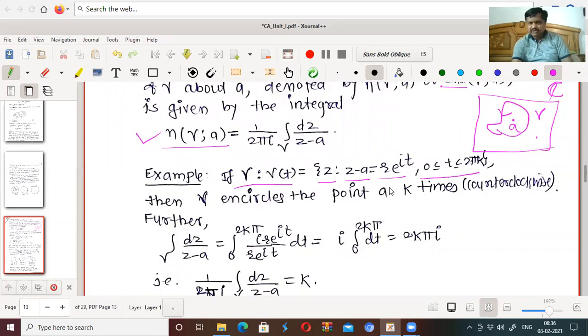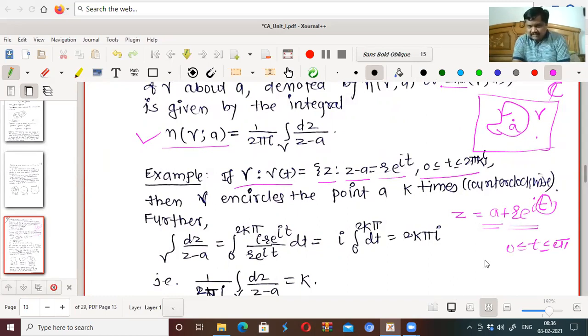That is z equals a plus r e to the power it. This is the circle having center at A and radius r if t varies from 0 to 2 pi.